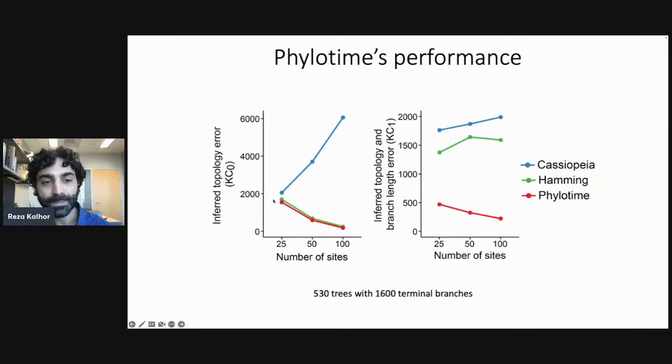And you see that based on topology alone, Phylotime predicts reasonable topologies, and it converges when there are more barcoding sites, which is reasonable. But when you look at the combination of topology and branch length, shown here on the right, this is done by using the Kendall-Colijn distance with a tuning parameter set to 1, which considers the distance to be 0 only if two rooted trees have not only identical topologies, but identical branch lengths.